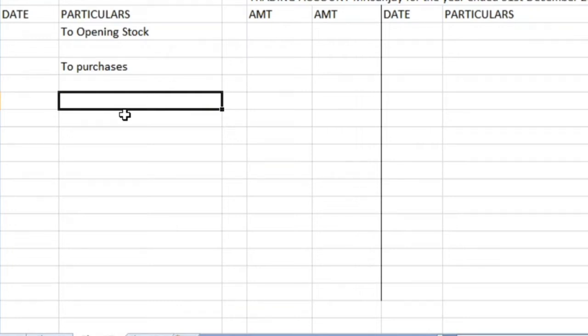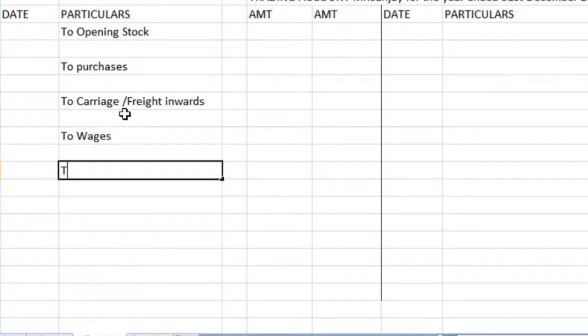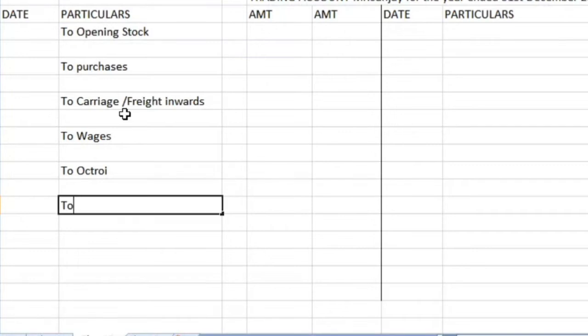So next we are going to write out all the 7 expenses. The first expense which I can remember is To carriage, or freight inwards. Then I saw wages. Then it is octroi. Then To dock charges.